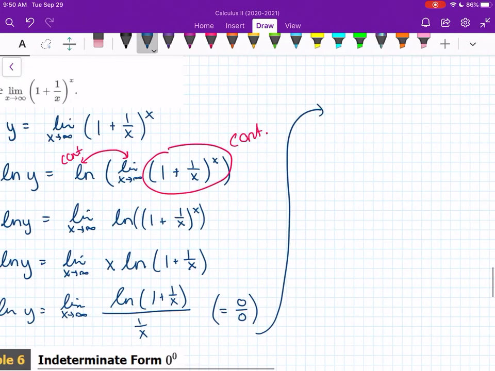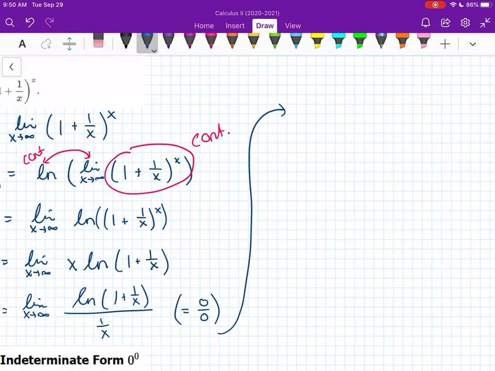All right, so let's continue over here. So now we're taking the derivative. So, this will be fun. Yay! All right, so for the first one, the natural log, it's 1 over 1 plus 1 over x times the derivative of 1 plus 1 over x, which is negative 1 over x squared.